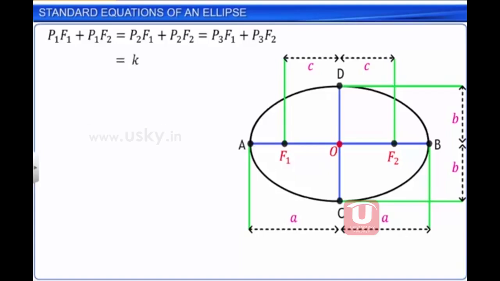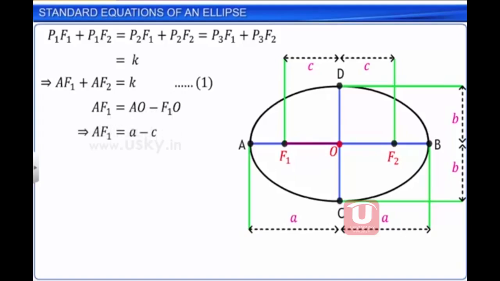Let K be the constant equal to the sum of the distances of any point on the ellipse from its foci. Since vertex A lies on the ellipse, the sum of distances AF1 and AF2 is also equal to K. Let this be equation 1. Now, AF1 is equal to AO minus F1O, or the length of the semi-major axis A minus distance C of focus F1 from the center.